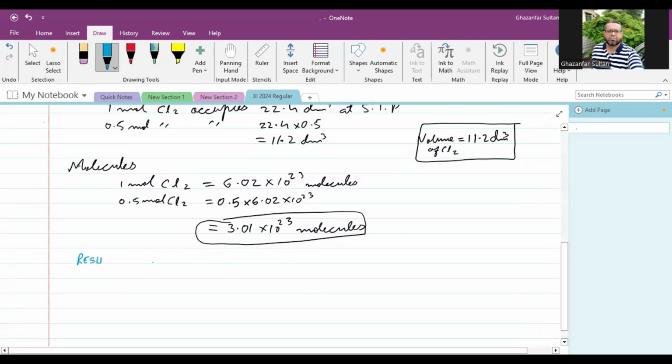So I'm writing here as a result, the volume of chlorine produced at STP is 11.2 decimeter cube, and the number of chlorine molecules are 3.01 into 10 raised to power 23.